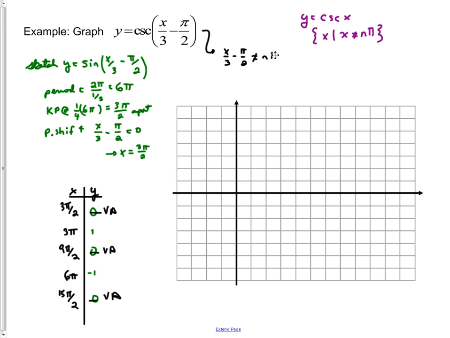So what does that mean to us? Well, if we isolate by adding pi over 2, we get x over 3 cannot equal n pi plus pi over 2.